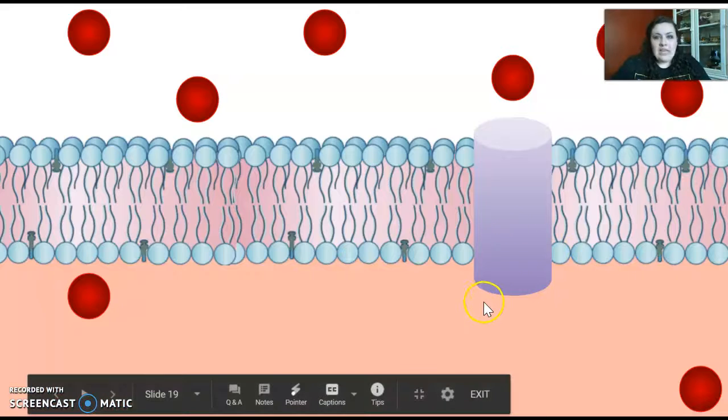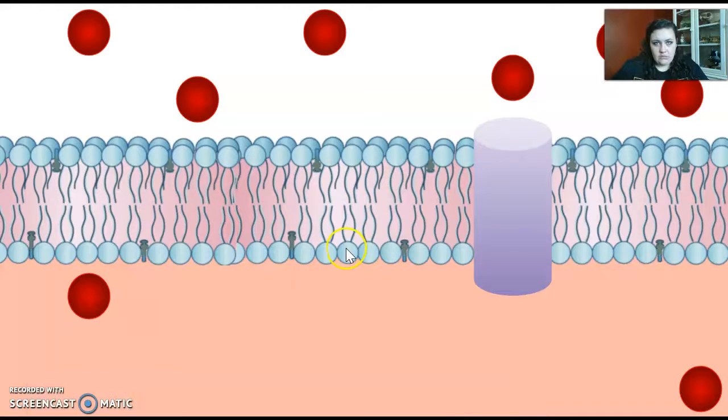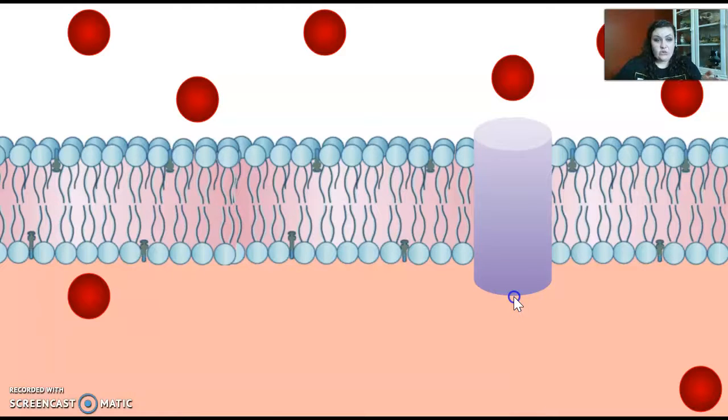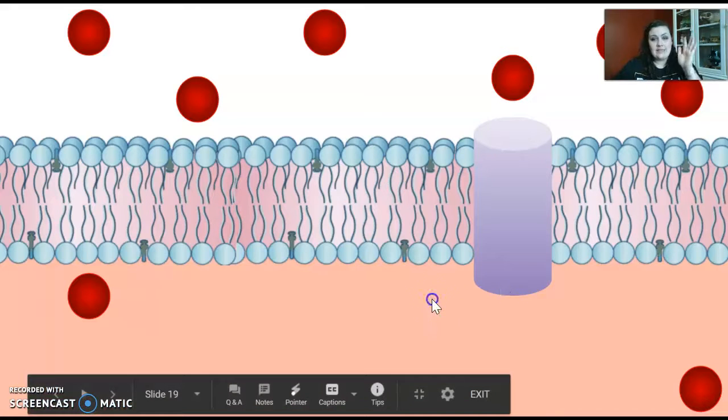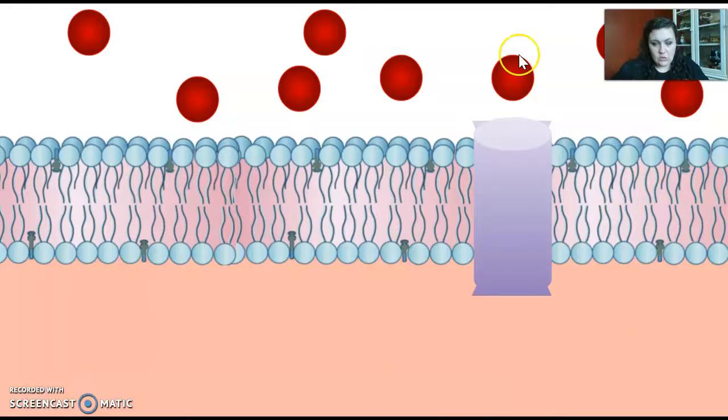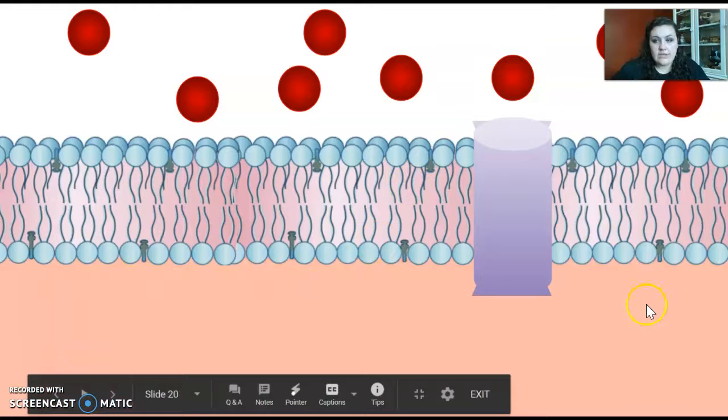So we need a way to basically do the opposite of diffusion. We need a way to say, I know you guys want to move this way, but we can't let you. So we're going to take the molecules on the bottom and push them against the way they want to go, forcing them against the concentration gradient, from the low concentration side into the high concentration side.